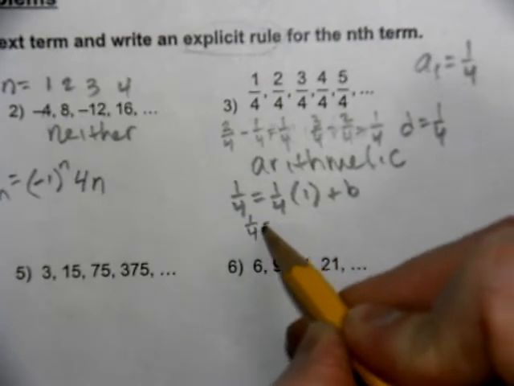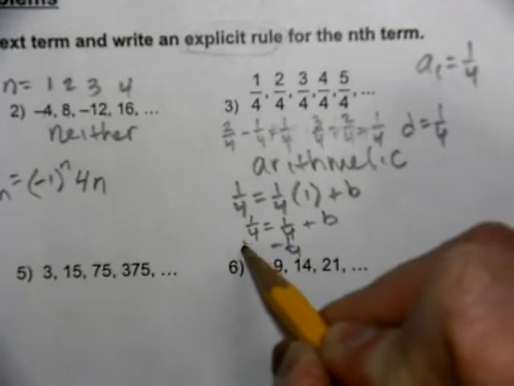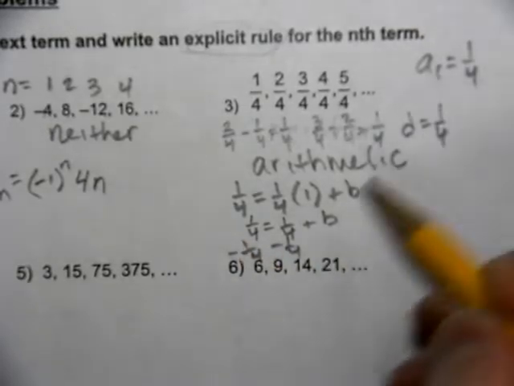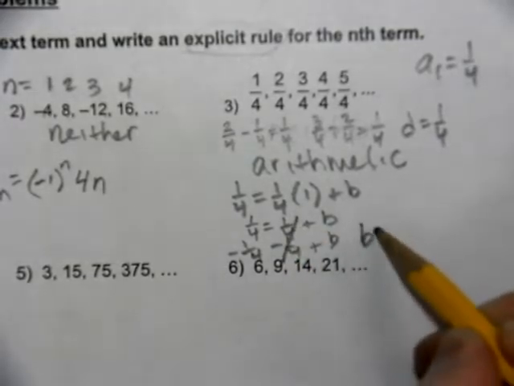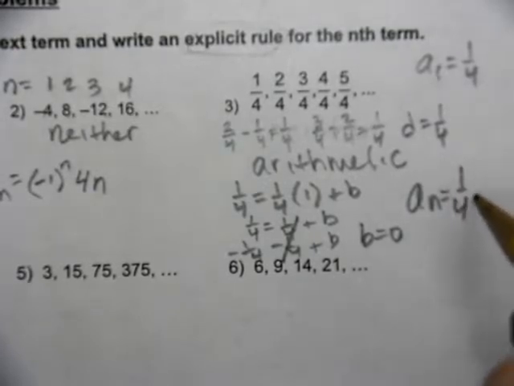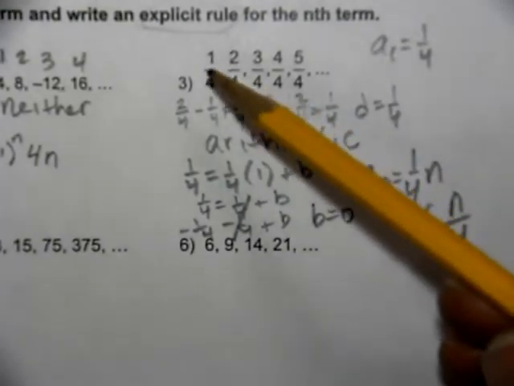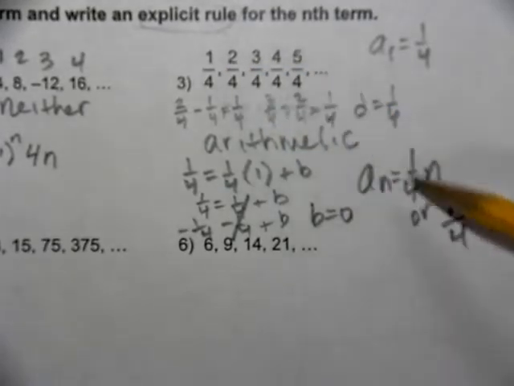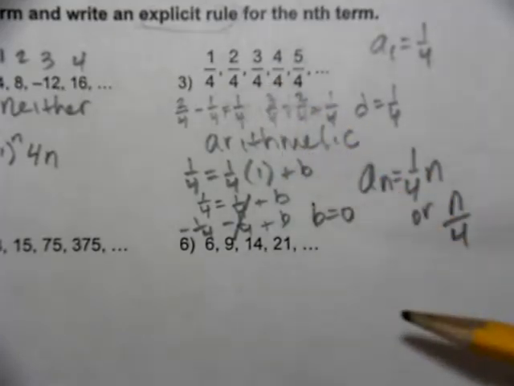When we multiply by 1 and subtract it across, we're going to get b equals 0. So we're going to have a of n equals our slope times n, or n over 4. That would have been the position that you found. 1, 2, 3, 4, 5, that's following your position, and it's always divided by 4. So either format is correct, but this is arithmetic.